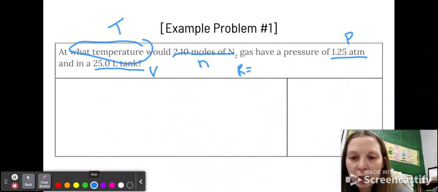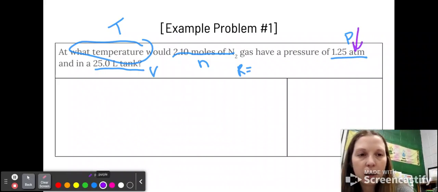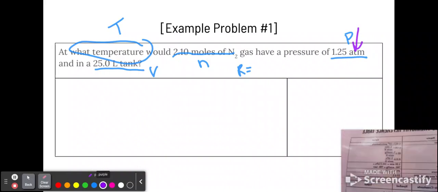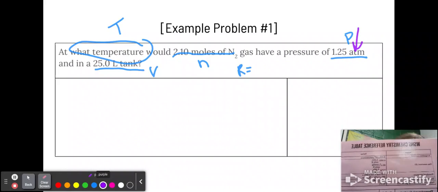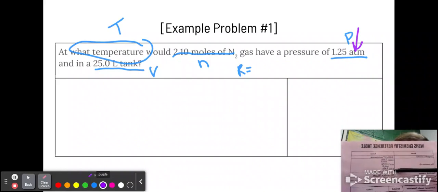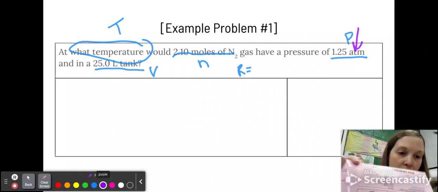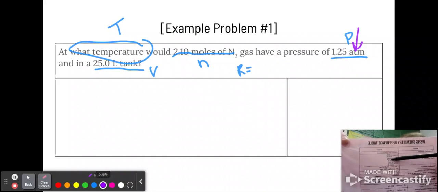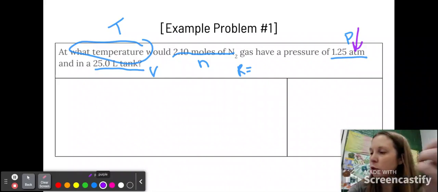So pay attention here. Your pressure unit is atmospheres. The very first table you'll see on your reference packet lists the gas constants, and you need to find the one that has atmospheres. I would suggest you take your paper copy and circle the pressure units that are on the top so you know which ones you're looking at.